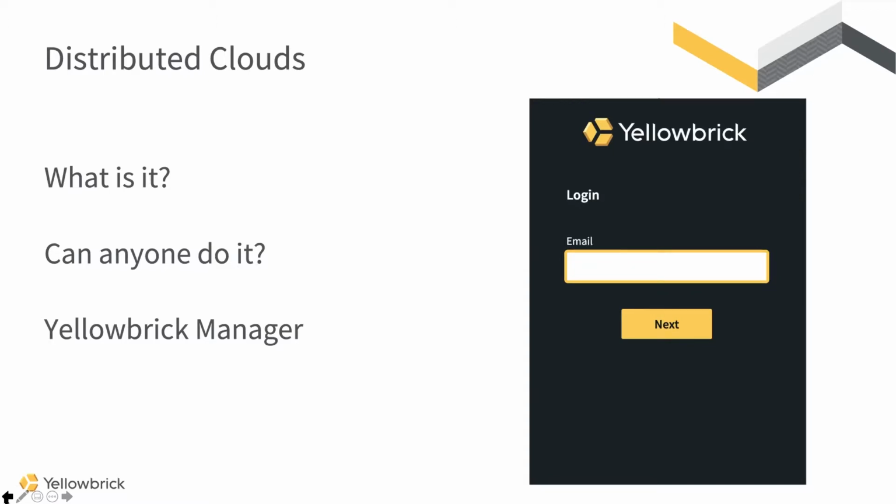Yellowbrick was written from the ground up to be efficient on any platform, on-premise, in public or private clouds, or on optimized instances, or Kubernetes, or even at the edge with limited resources. Yellowbrick Manager provides a uniform control system that uses Kubernetes container orchestration system to enable users to manage and control both cloud and on-premise deployments with enhanced performance capability.